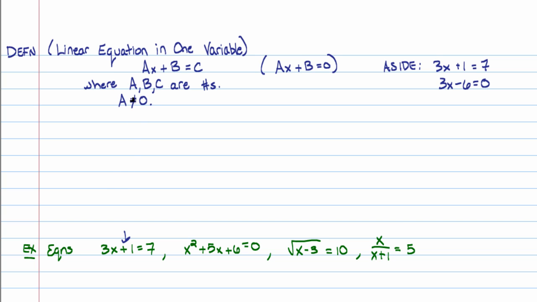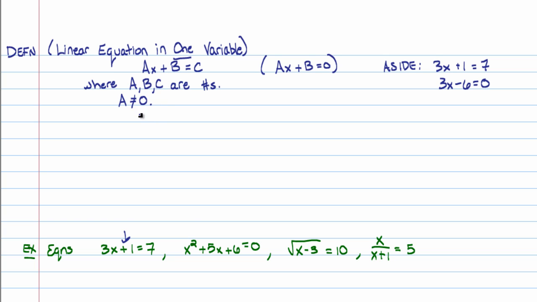The main reason why this last condition is on here, by the way, is that if a is equal to 0, just pretend it is for a moment, then you don't have any variables because 0 times x would make that term disappear. So you would just have some constant equals a constant. There's no variable there. That's why, to be a linear equation in one variable, we need that variable to survive.